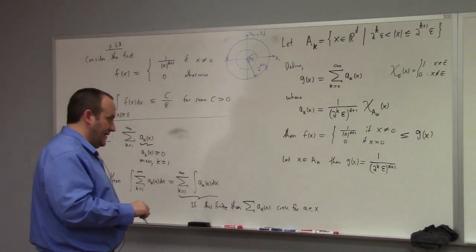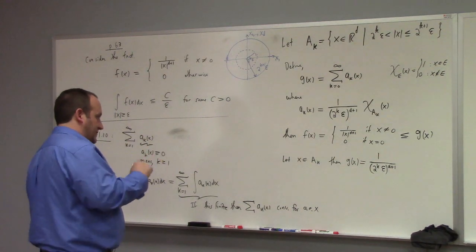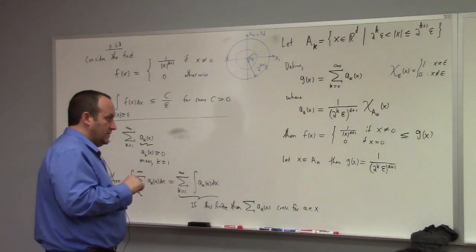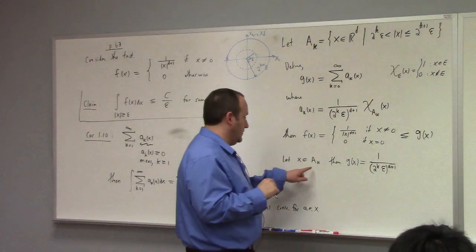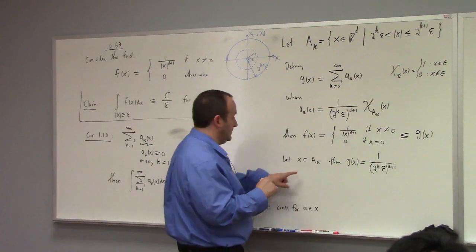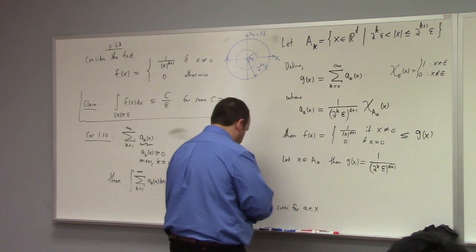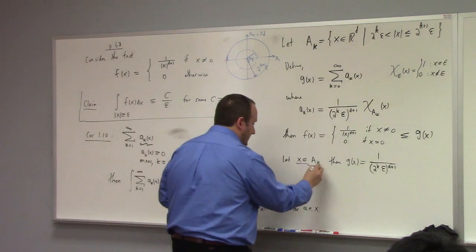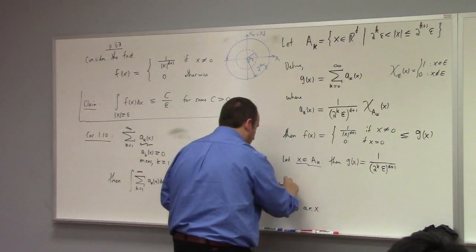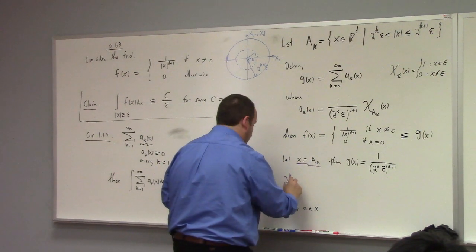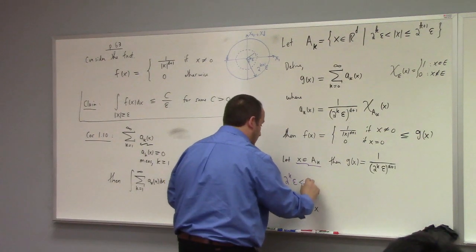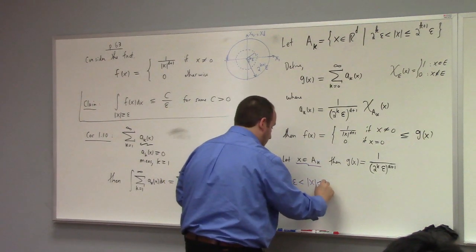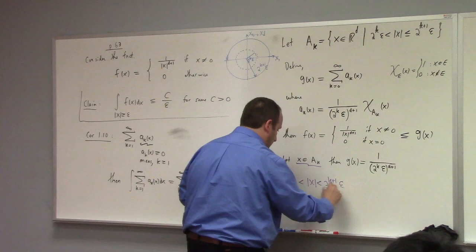So why is that, for this x, less than or equal to... so this x has what? What's the condition? 2^k epsilon less than the length of x less than 2^(k+1) epsilon, right?